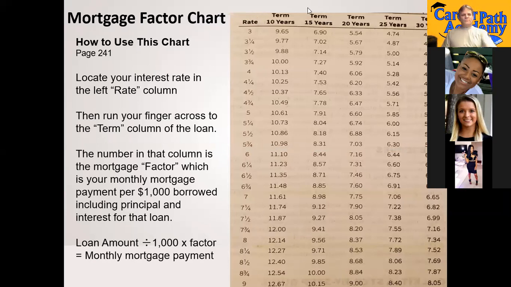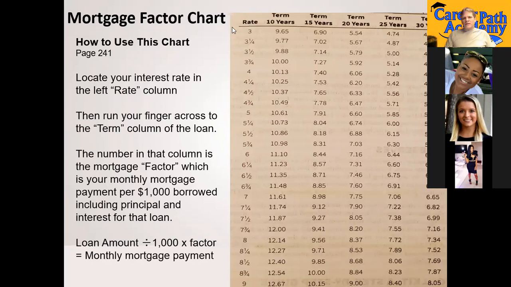Okay, so the mortgage factor chart here, above that chart is how to use this chart with the directions. And I have the directions right here in this slide as well, as you could see. And basically the way you read the chart is like this.